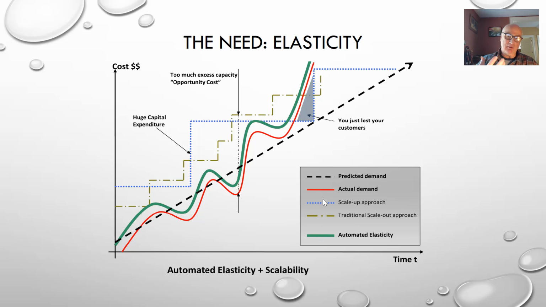Now, you'll also notice that the green line is above the red line. How come? Well, this represents the time that it takes to spin up new resources when you need them. You can't just instantaneously turn on new servers when your workload goes up.